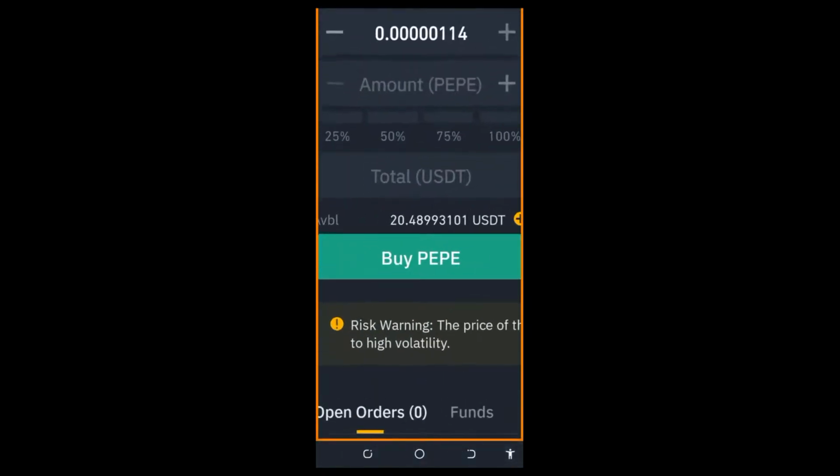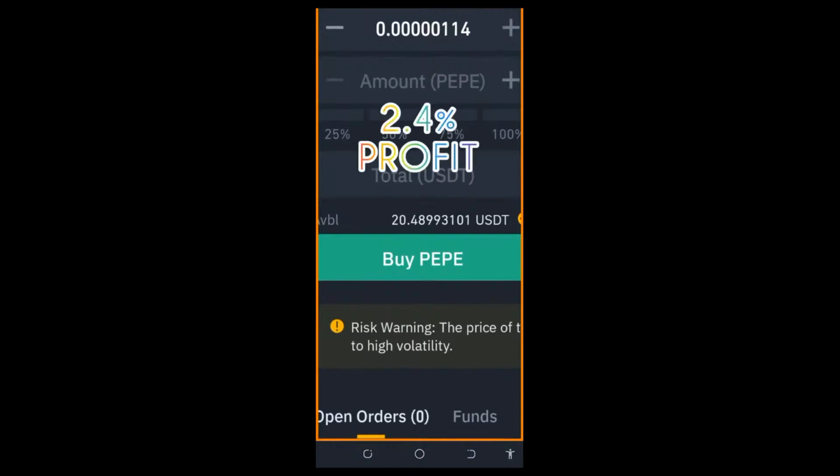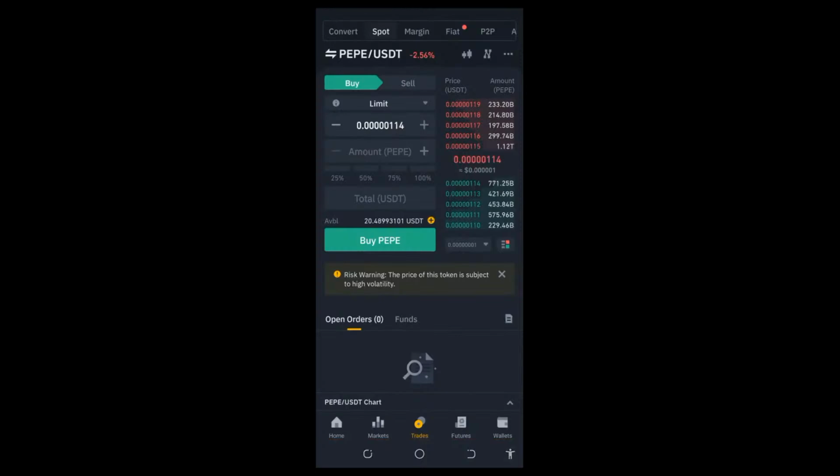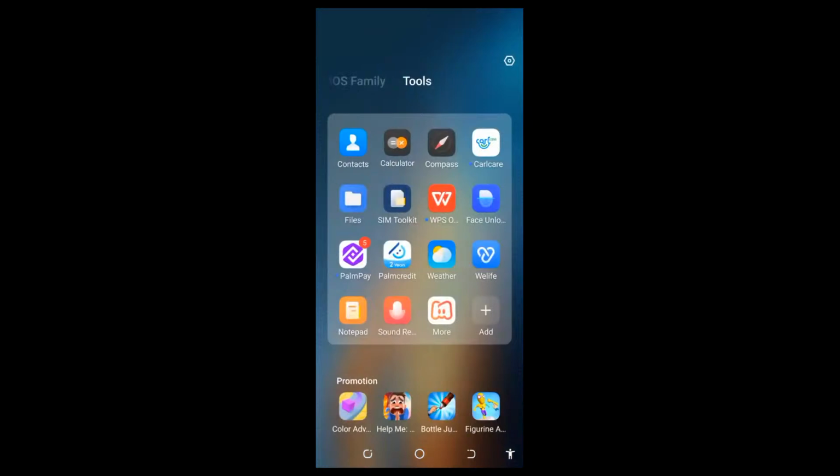So that was actually a nice one. As you can see, this is about 2.4% profit. And just imagine that you put in $1,000. What would you make? Let's go and check the calculations. This is 20, times 2.4%, and we got 48 cents.